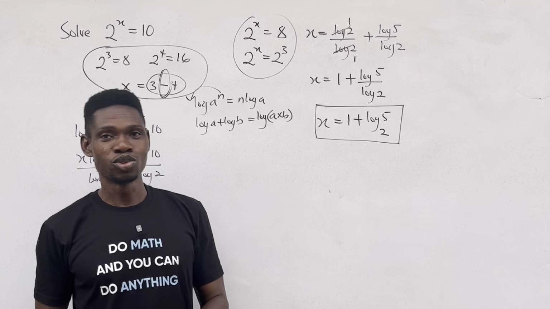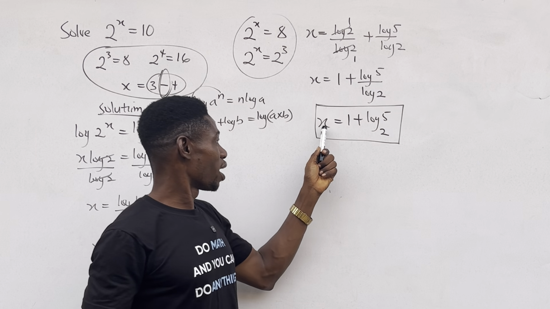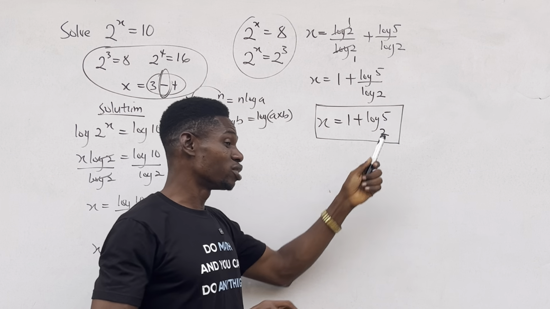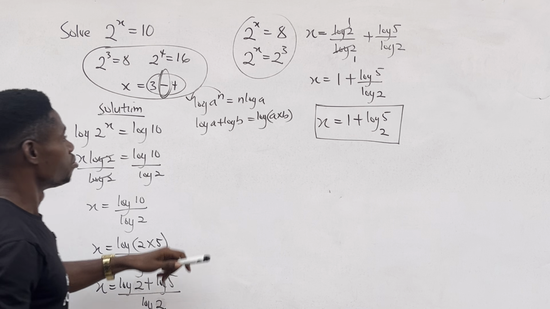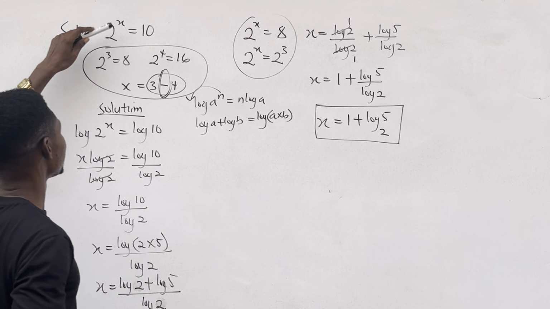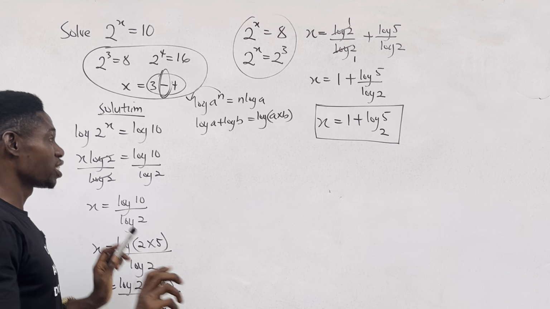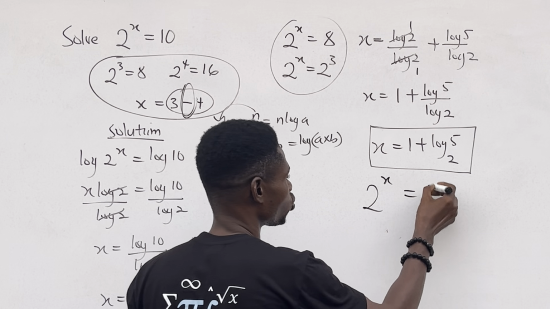Now, I would like to do a quick check to be sure that our 1 plus log 5 base 2 is the exact value of x. So what we're going to do is bring this value of x and place it as the power of 2 and see if we'll get 10. So let's try that. Our original question says that 2 raised to the power x equal to 10.